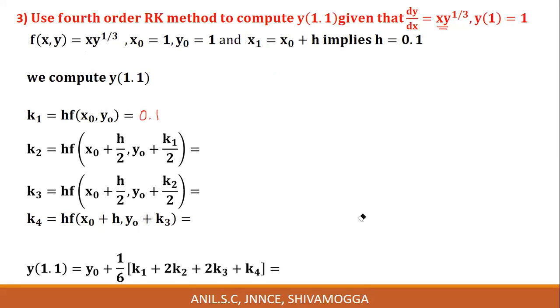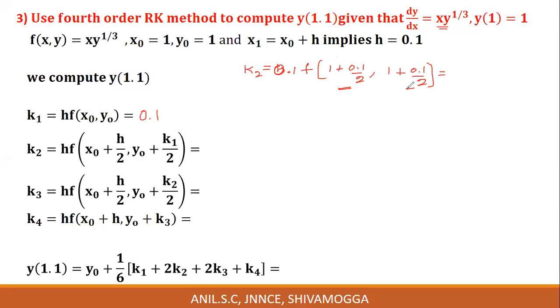Now we compute K2. K2 is given by h into, h is 0.1. We make the substitution. f of x naught plus h by 2. x naught is 1 plus h by 2 is 0.1 divided by 2. y naught is 1 plus k1 by 2. K1 is 0.1 divided by 2.